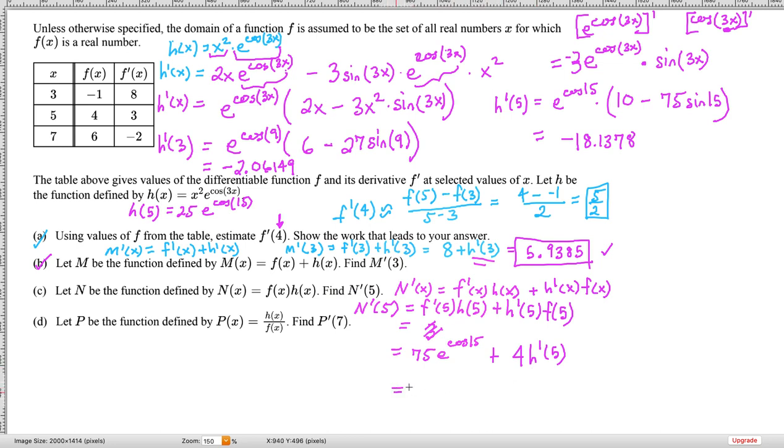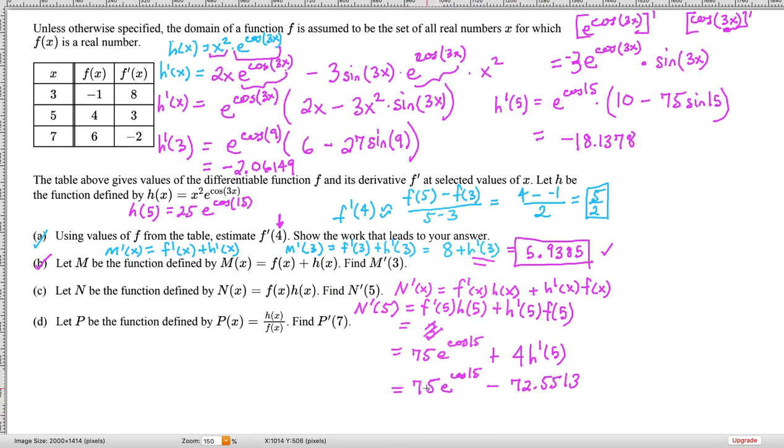And then I have 75 e to the cosine 15 minus, because this became negative, 72.5513. And then I'm going to find out what this value is.